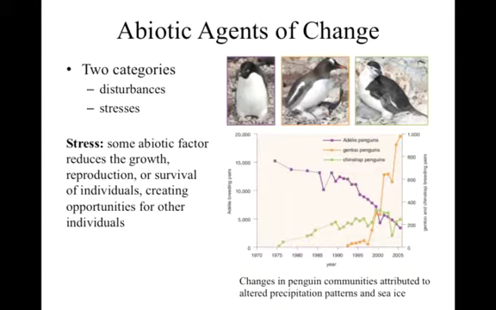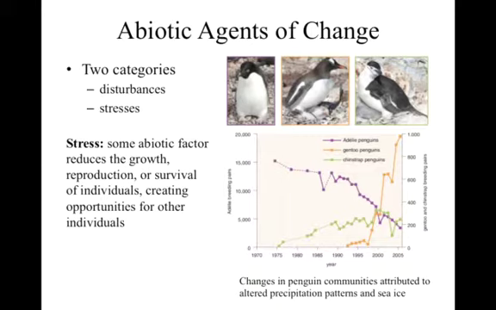And so here's an example of a stress. In Antarctica, this is a system that my former advisor studied. What we're finding is that altered precipitation patterns in sea ice isn't actively killing different species of penguins, but it's not conducive to Adelie penguin survival and reproduction. And so because of that, the Adelie penguins tend to be decreasing.